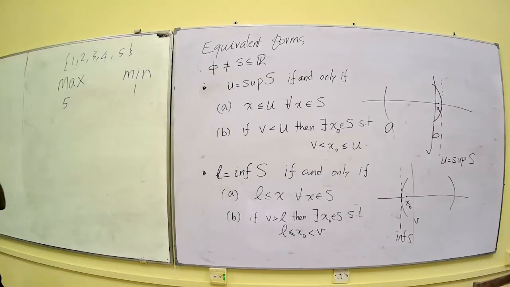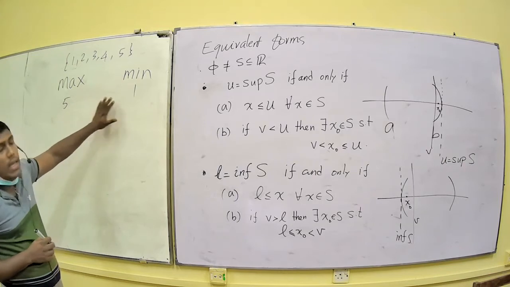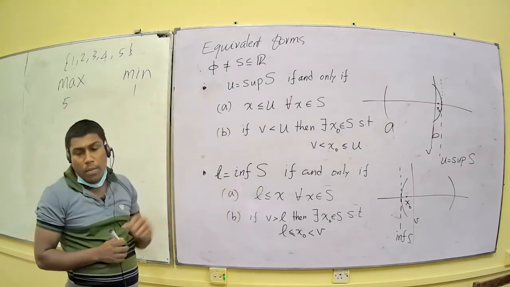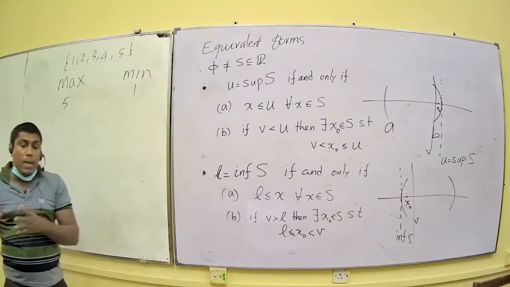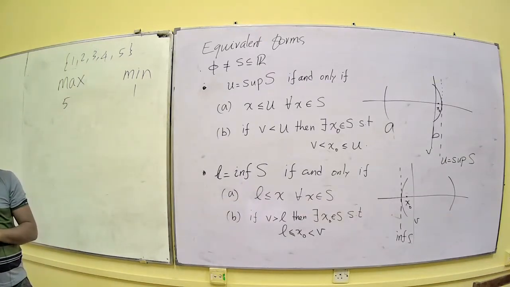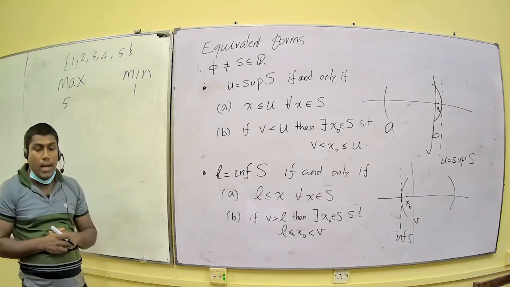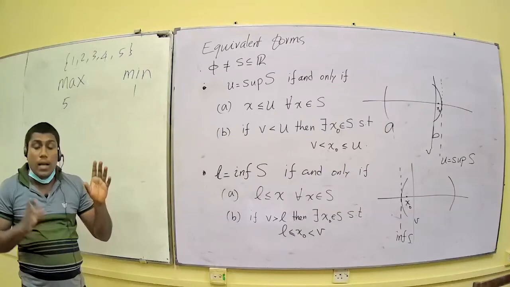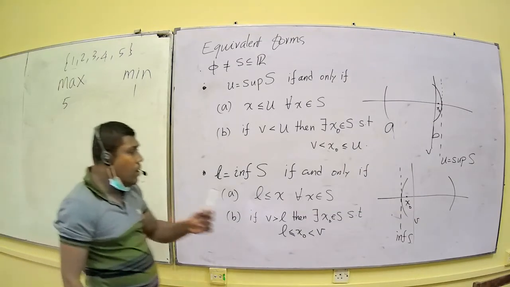But that is not necessarily equal to supremum and infimum. In some cases, infimum and minimum may be equal, and supremum and maximum may be equal, but it is not true for all cases.